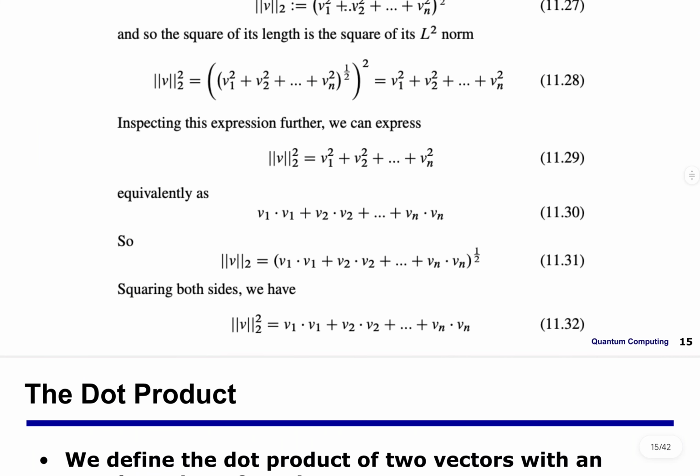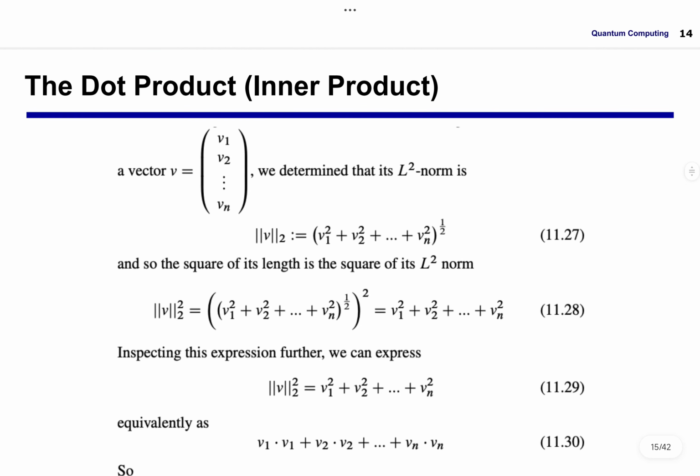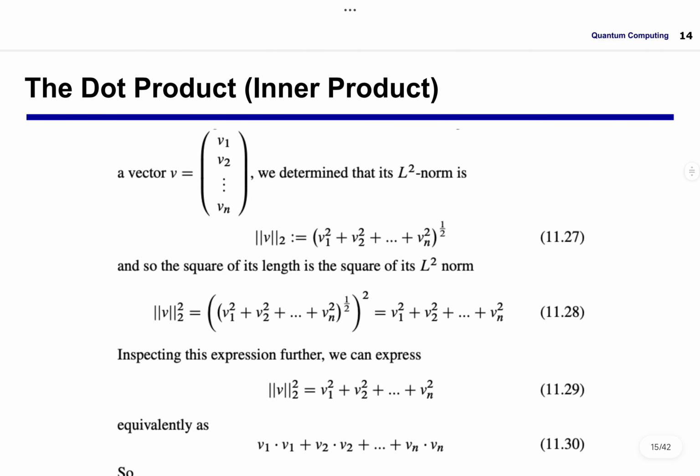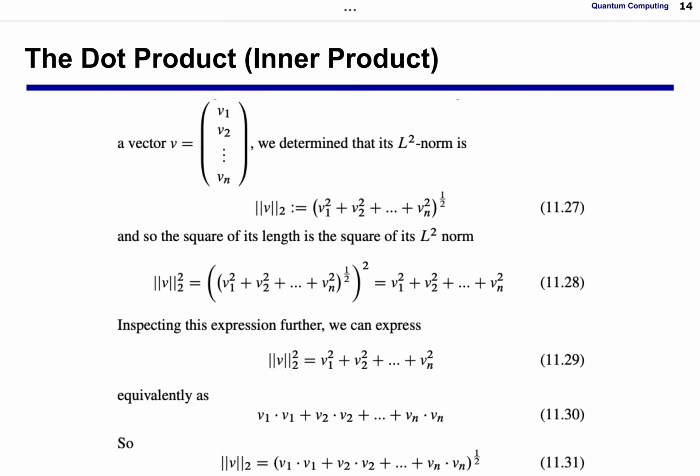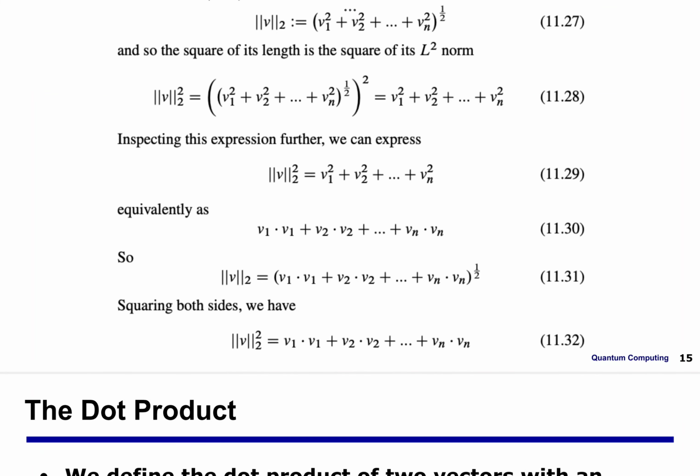Oh, it's a new vector, but this is a self product, the dot product, the inner product, which is just like the norm squared.